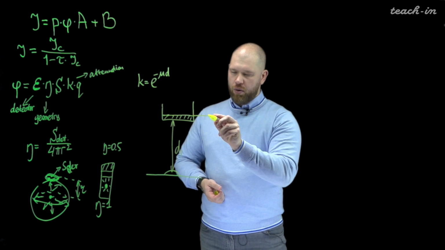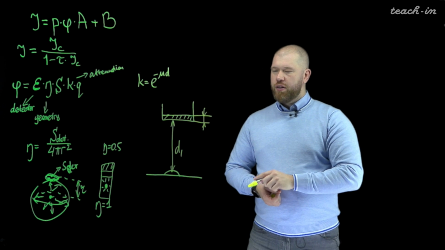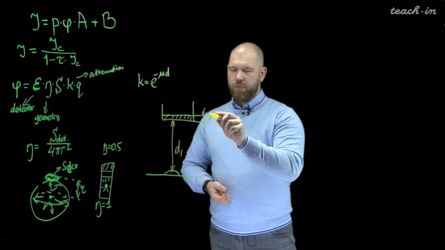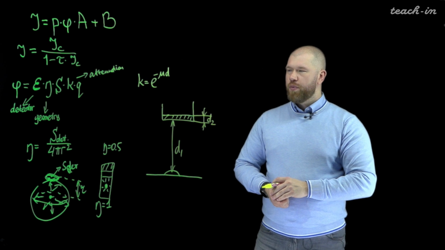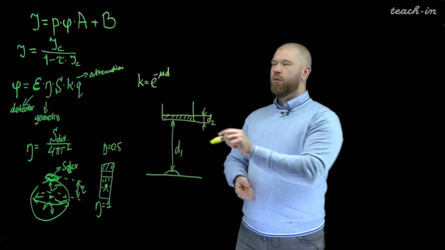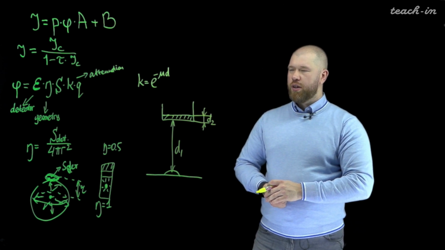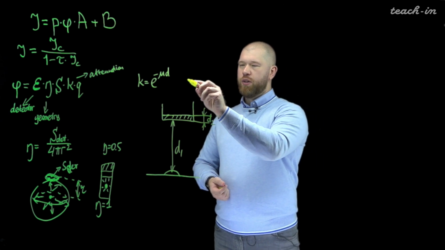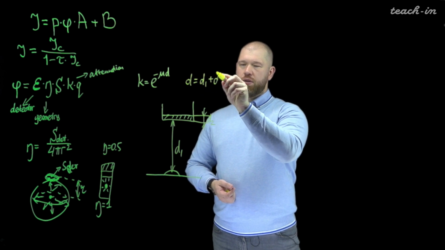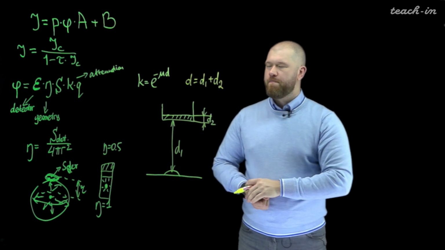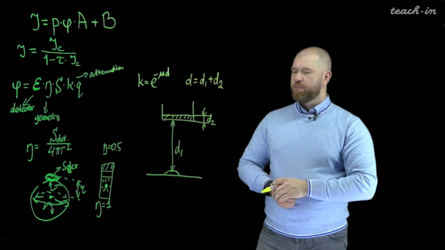And we also have the thickness of the detector window, let's call it D2. When we calculate the attenuation coefficient in this case, we should calculate D as a sum of D1 plus D2.